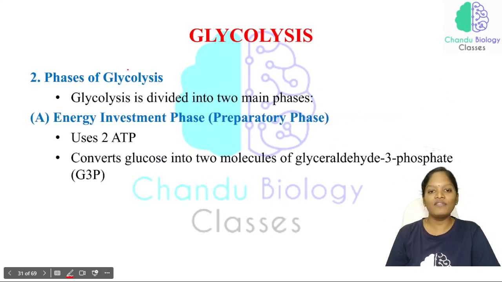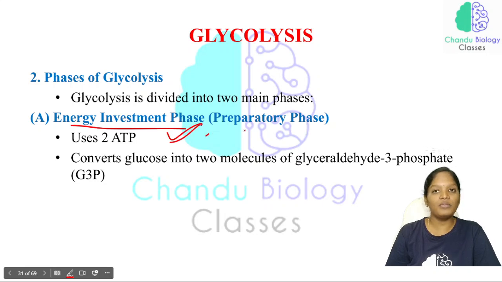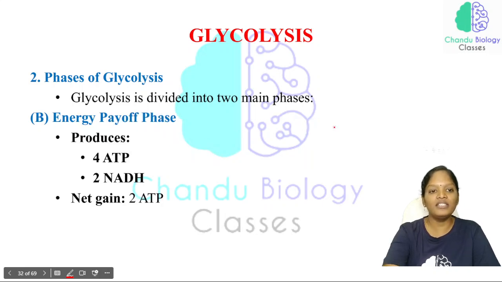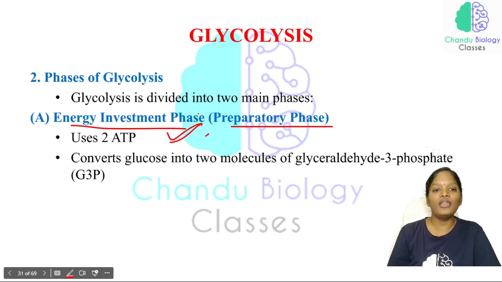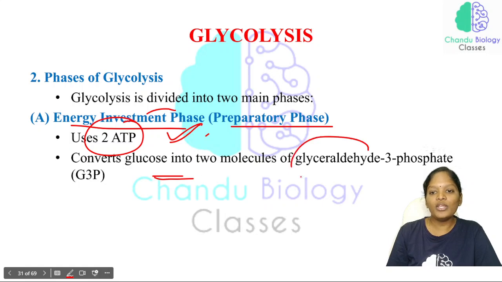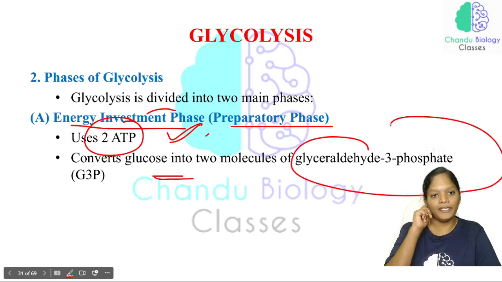Now, there are 2 phases of glycolysis: the energy investment phase, that is the preparatory phase, and the payoff phase. In the energy investment phase, they use 2 ATP. How? Glucose is converted into 2 molecules of glyceraldehyde 3-phosphate.